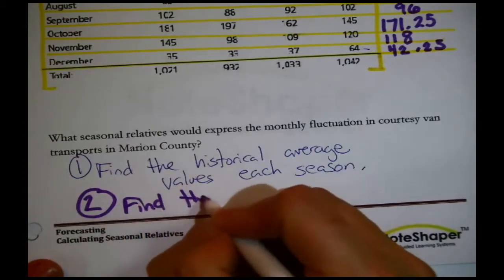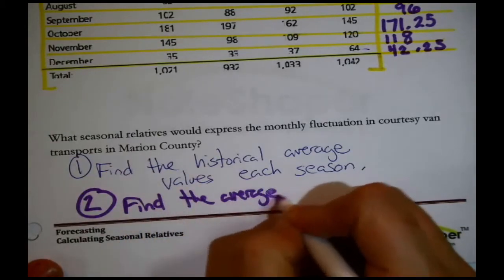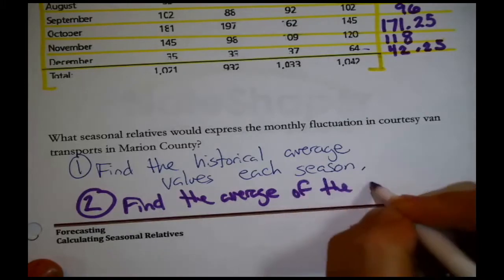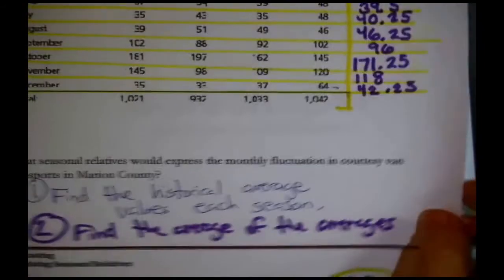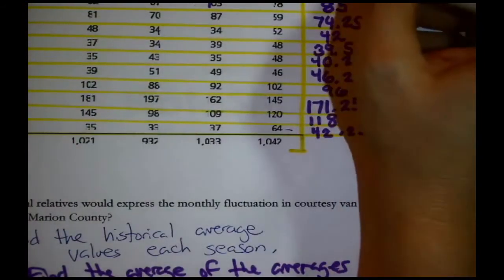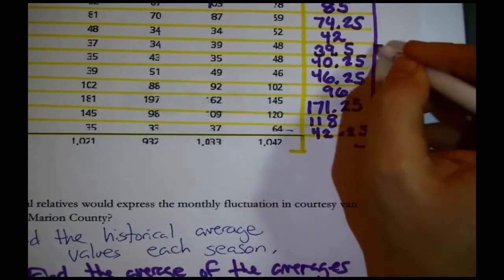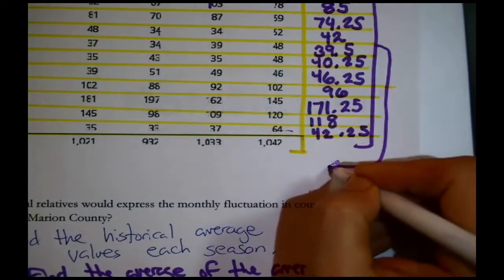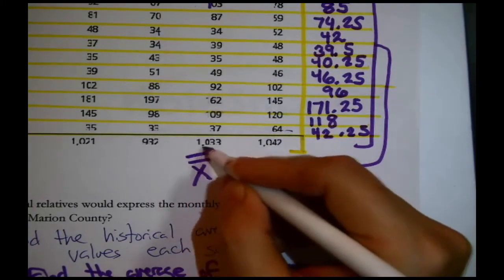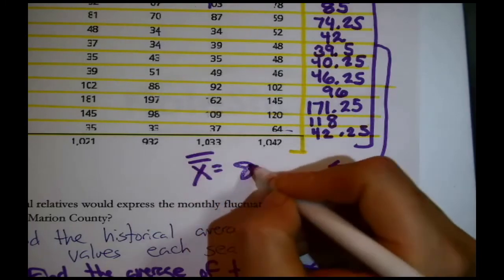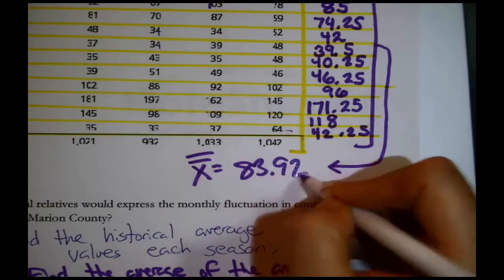Meaning, go here, these numbers, and average them. That is known as X double bar, an average of the averages, which I did. I got 83.92. And then we're going to need that number as well, the grand average, or the overall average.